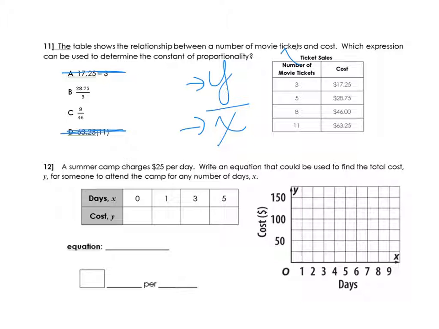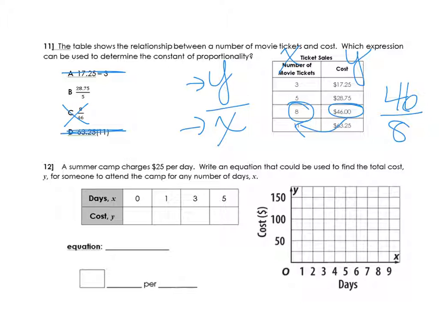So the first column is X and the second column is Y. So when I look at answer choice C, 8 comes from the X column and 46 comes from the Y. So it should be 46 divided by 8. Because I'm working backwards, I'm going reverse on the chart to figure out what the multiplier is. So 46 divided by 8 would be correct, not 8 divided by 46. That's not the same thing.